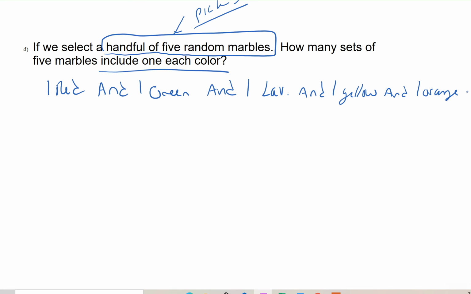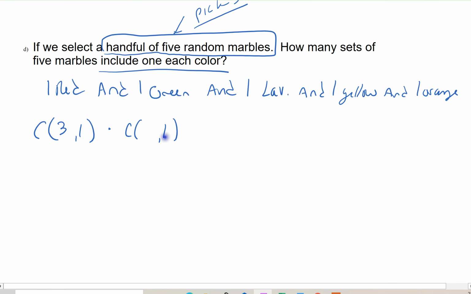There are how many red, how many green, how many lavender, how many yellow, how many orange. Well, the red ones, there are 1 out of 3 red ones. And so we multiply, I want 1 green out of 2. And 1 lavender out of 1. 1 yellow out of 2. And 1 orange out of 2.